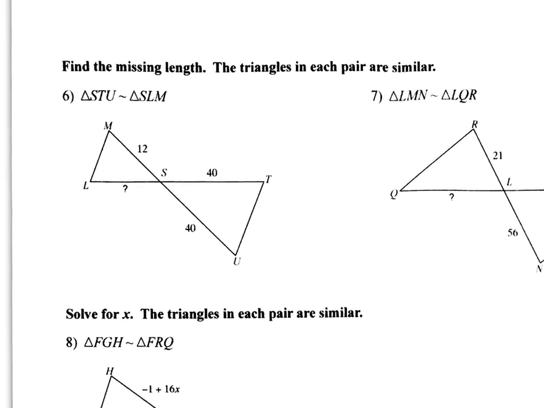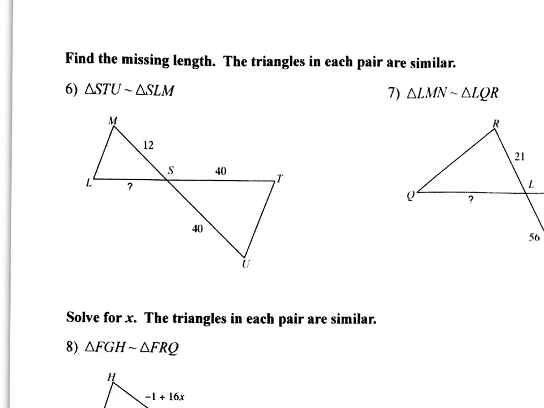Here, it wants us to find the missing length. So what we know are the triangles already similar. And the reason we know that is because it gives us a similarity statement. So I have to match them up.